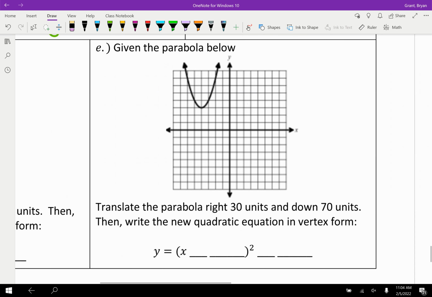So 1 to go. All right, we currently have a vertex at 1, 2, 3, 4 at -4, 1, 2, 3. We want to translate or move this parabola right 30 units and down 70. Whoa! Okay, if we're going to go right 30 units, do you just want to sit there and count 30 to the right?